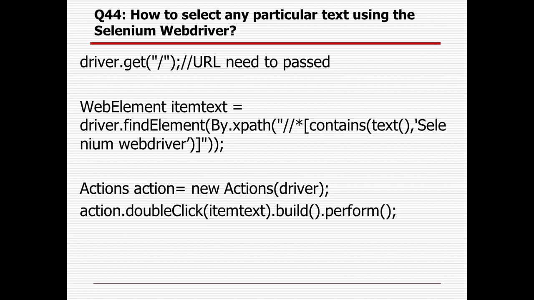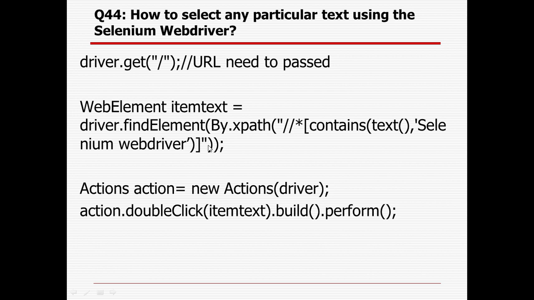How to select any particular text using Selenium WebDriver? First you need to provide the right URL; driver.get with the URL needs to be passed. Then you need to create a web element. Suppose I am creating an item text, identifying the web element by XPath, and it will contain some word, for example the text Selenium WebDriver.